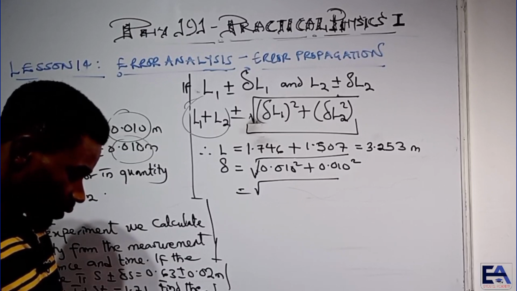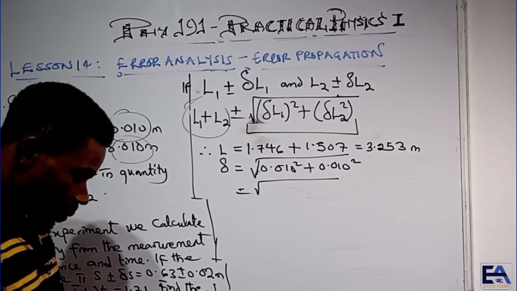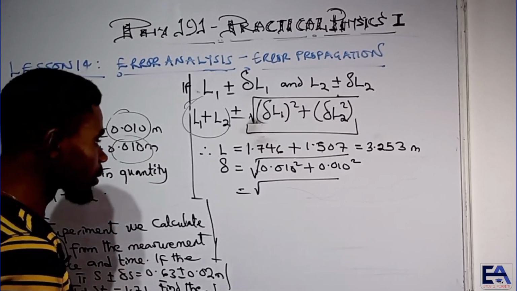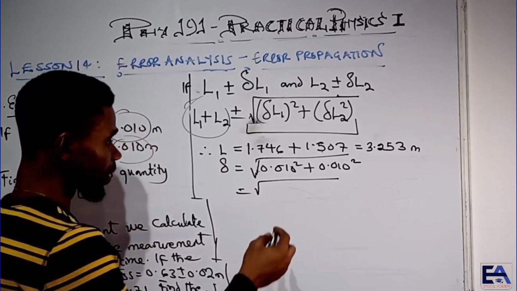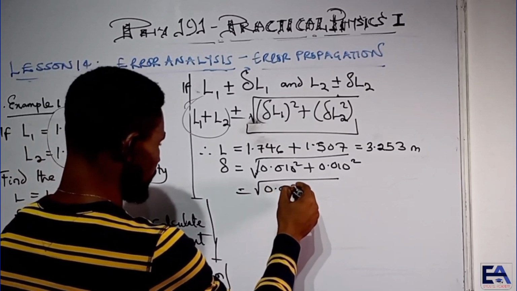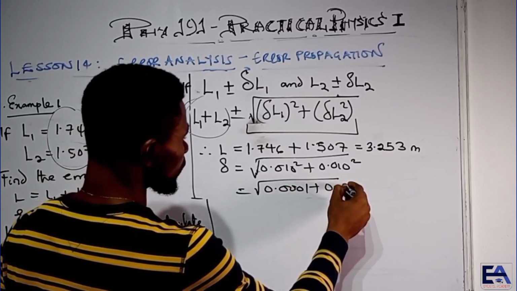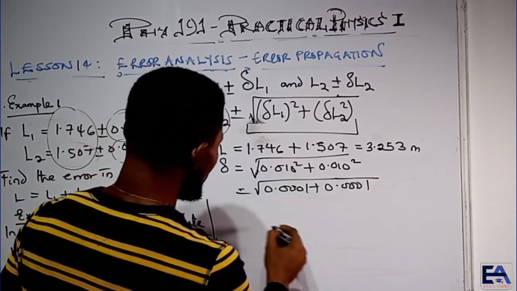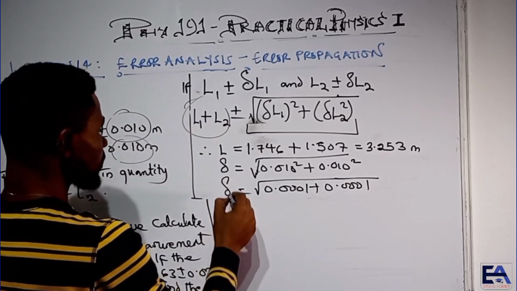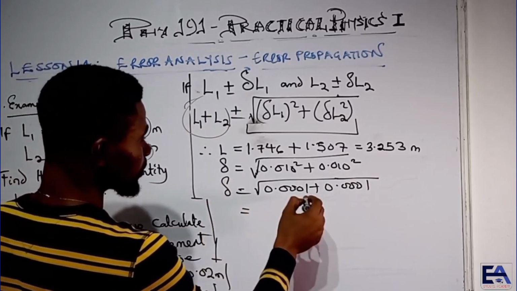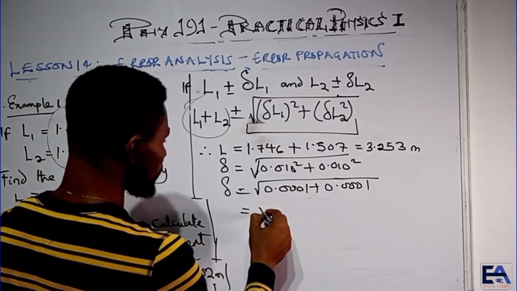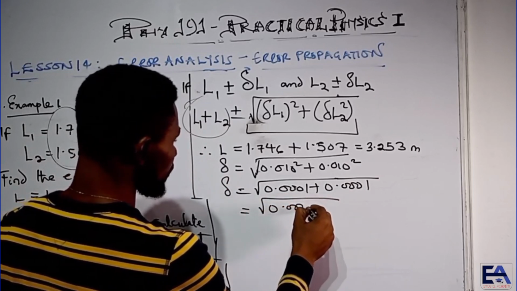Okay. Times 0.01 equals this. So we have 0.0001 plus 0.0001. Okay. So we have this, and then that would be the square root of 0.0002.